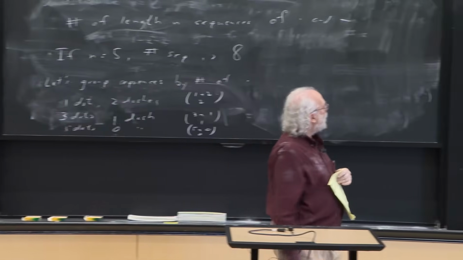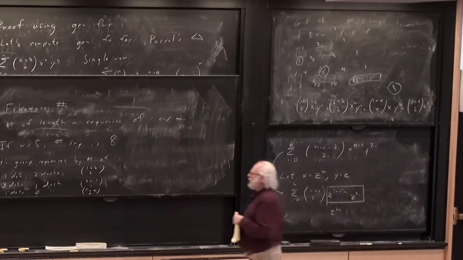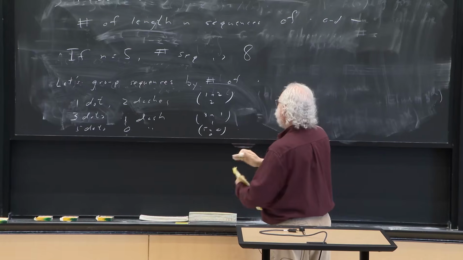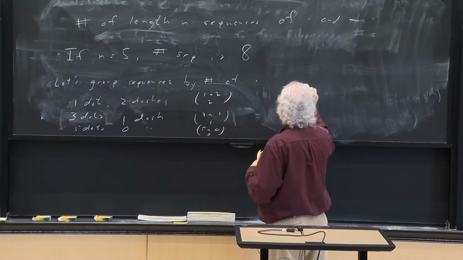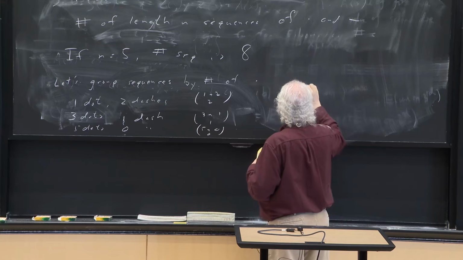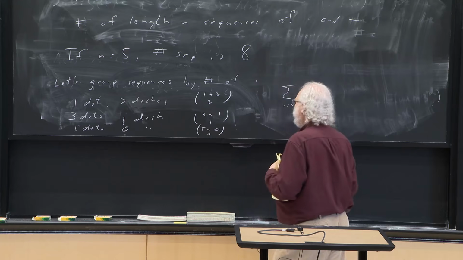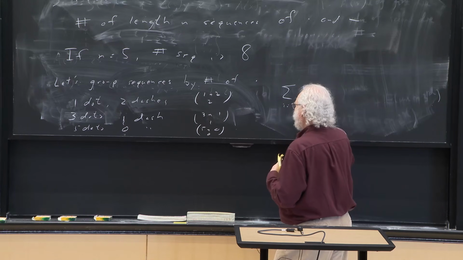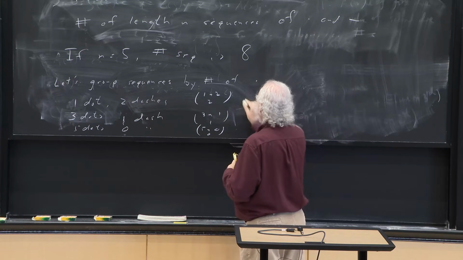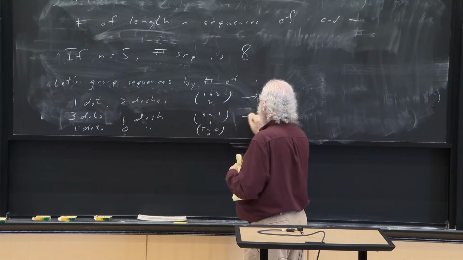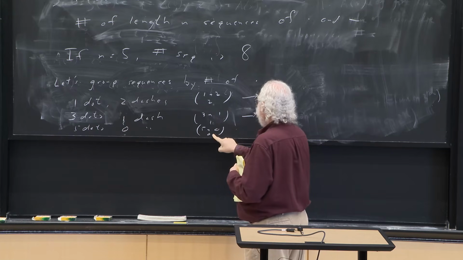And I want to claim that this is essentially this sum, the summation, i equals 0 to something, of choose. So this is 3, this is 3 plus 1 choose 1 is 4, and this is 1.